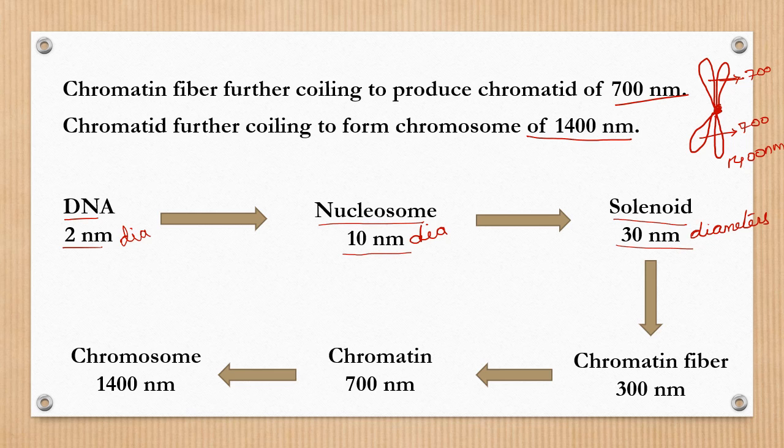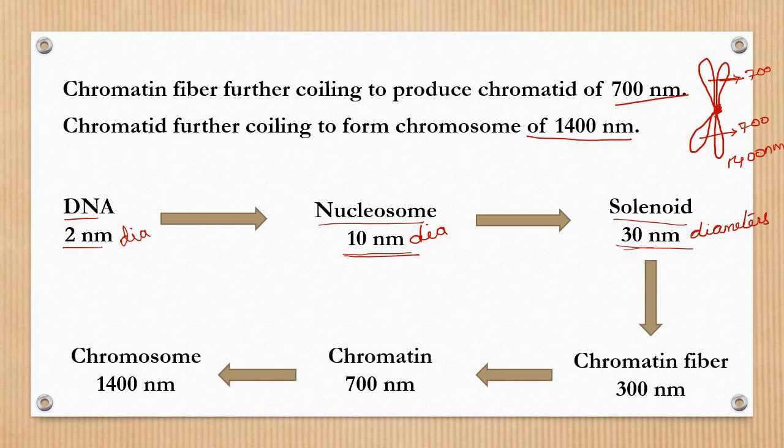Its diameter is 10 nanometers, and nucleosomes further form a solenoid, which is 30 nanometers. This solenoid is again coiled to form a chromatin fiber.